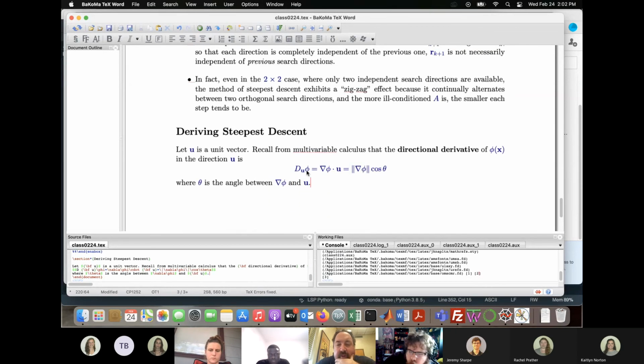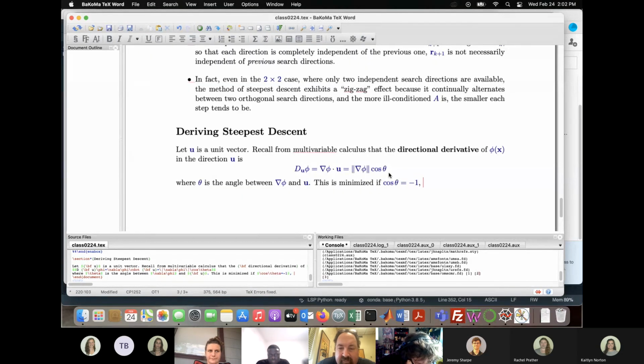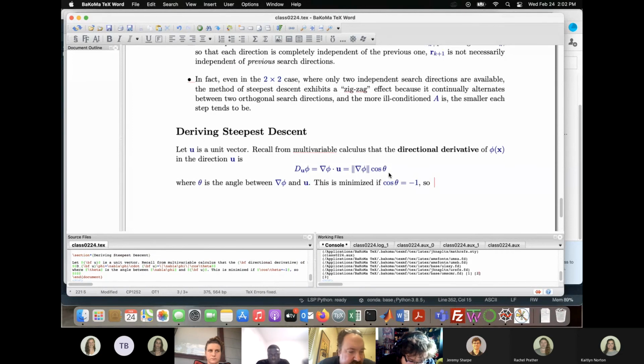So the idea is we want the greatest possible decrease, so we want this to be the most negative possible. This is minimized if cosine theta is equal to -1. That would mean u would be chosen to be a vector pointing in the opposite direction of the gradient.